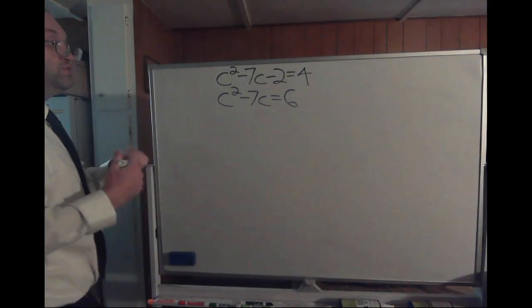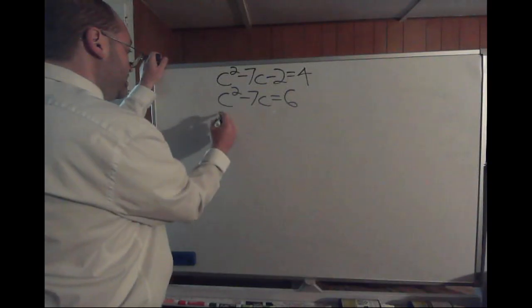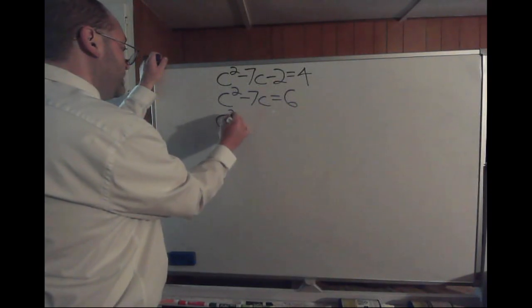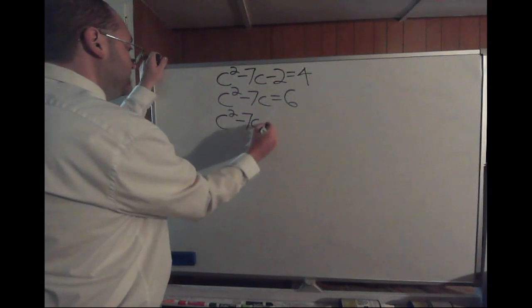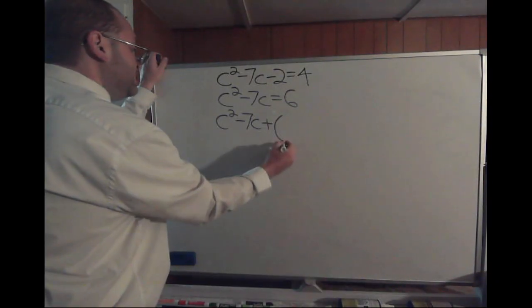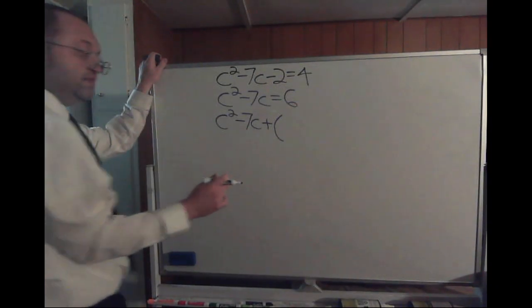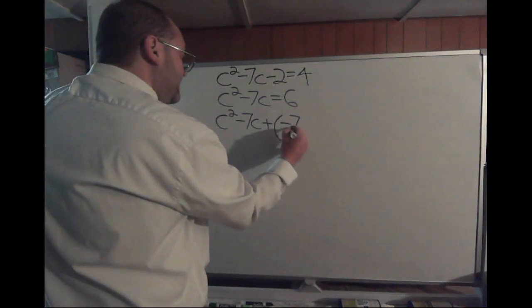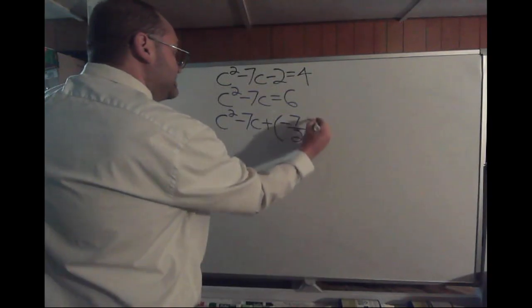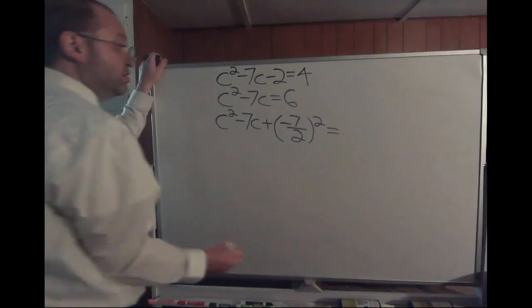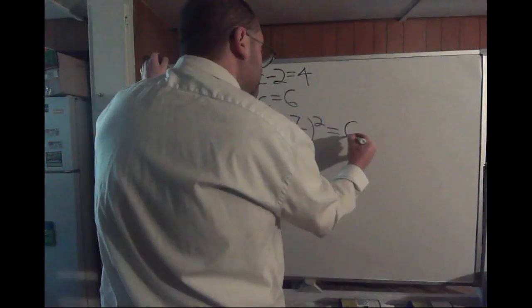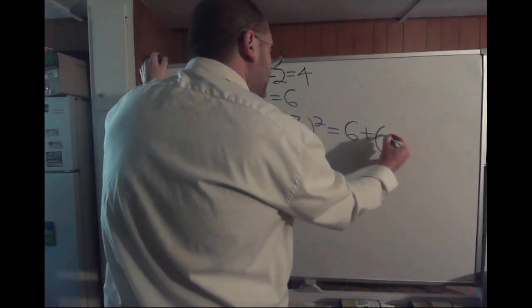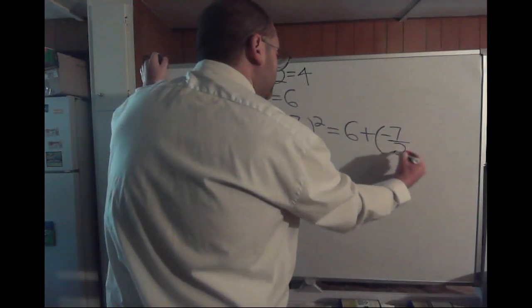So let's go ahead and do the process of completing the square. You'll have c squared minus 7c plus, now we need to take half of negative 7, which would be negative 7/2, raise that to the second power, which is going to equal 6 plus your negative 7/2 to the second power.